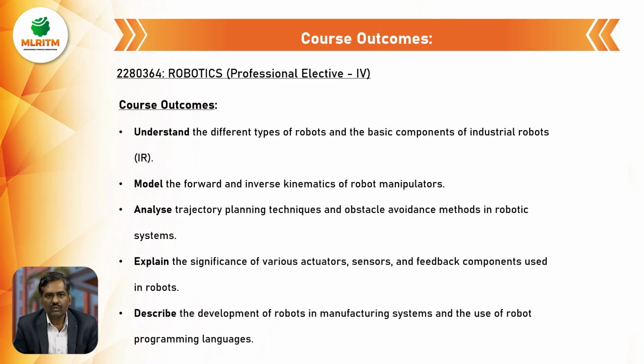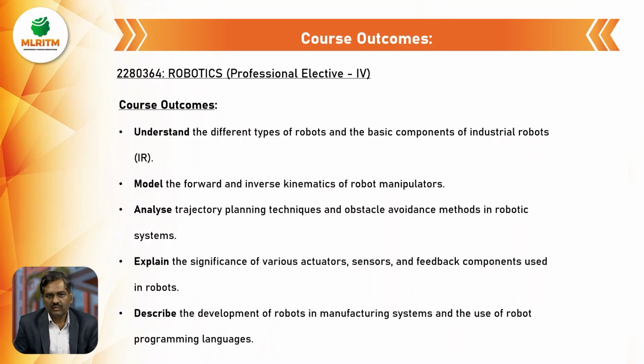Coming to the course outcomes, the first outcome is to understand the different types of robots and basic components of industrial robots. The second outcome is to model the forward and inverse kinematics of robot manipulators.